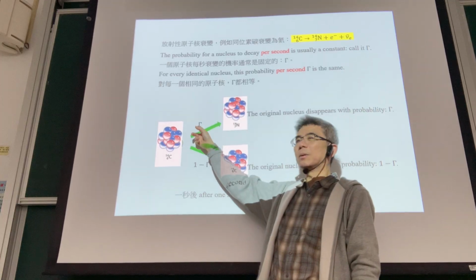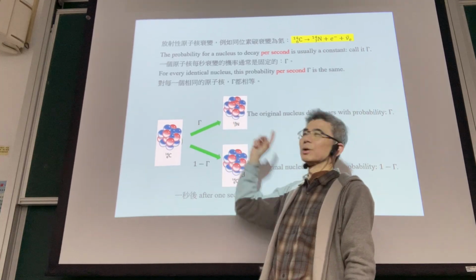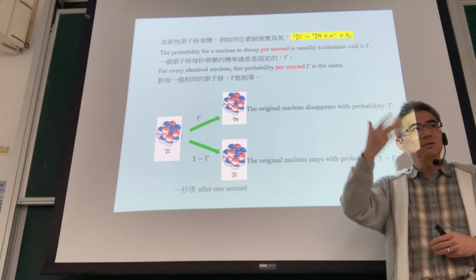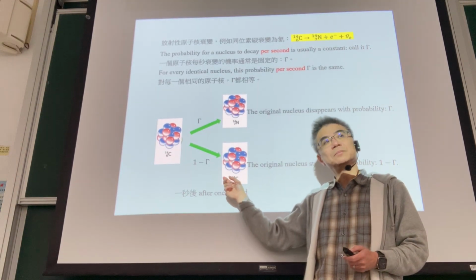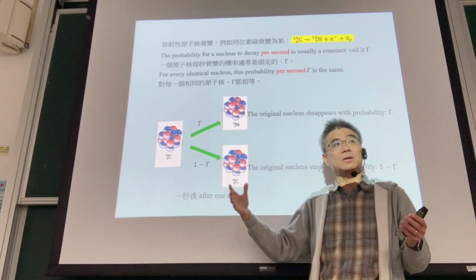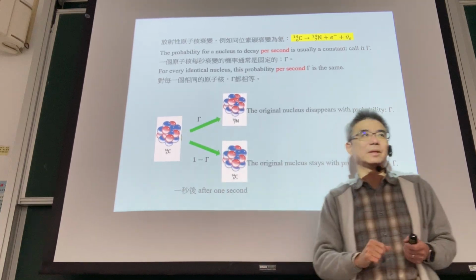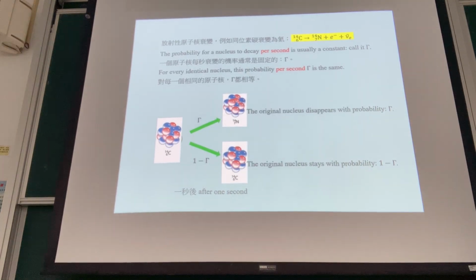But there is a probability of gamma that it will become a nitrogen. So you can observe the number of carbon nuclei in your box to determine this gamma. That's the key of our calculation.